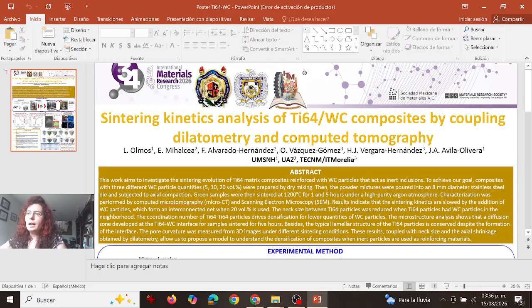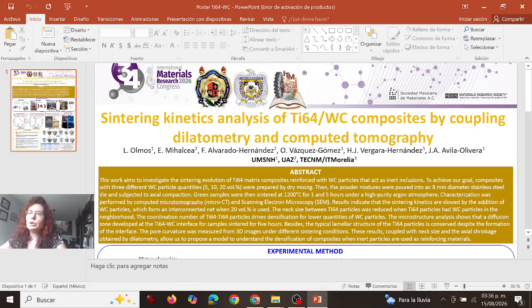The results indicate that the sintering kinetics are slowed by the addition of the tungsten carbide particles, because they form an interconnected net, especially when 20% of this type of particle was used.